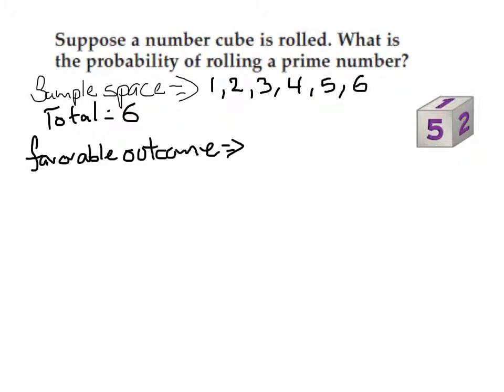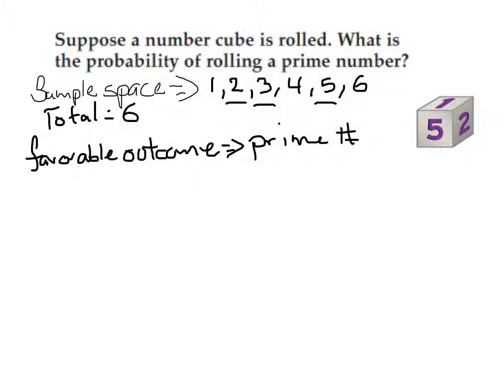Next, let's find out our favorable outcome. What do we want? We want prime numbers. And if you remember, that's any number that only has itself and 1 as a factor. Let's see here. I know that 2 fits that bill, 3 and 5.